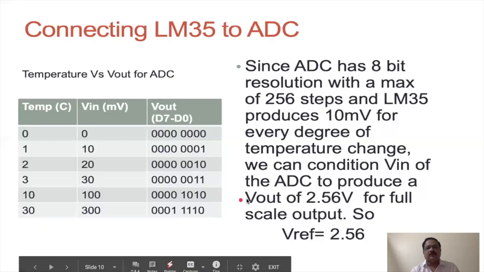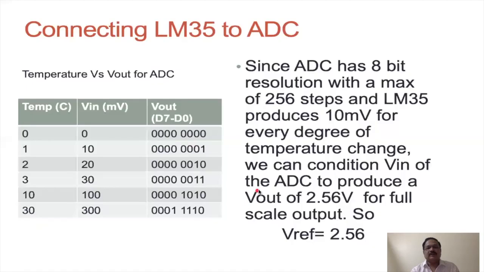Since the ADC is 8-bit, there are a total of 256 steps, and the LM35 produces 10 millivolt for every degree Celsius temperature change. We can condition the V in of the A to D converter to produce a V out of 2.56 volt for full scale output.